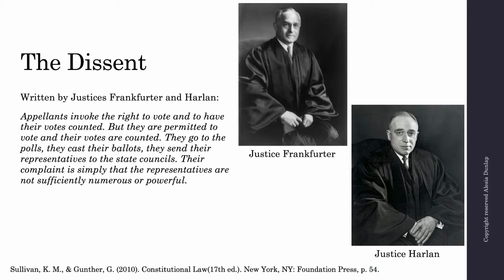Their complaint is simply that the representatives are not sufficiently numerous or powerful. So they say the citizens cast their vote, they go to the ballot, but their complaint is that there aren't enough people.